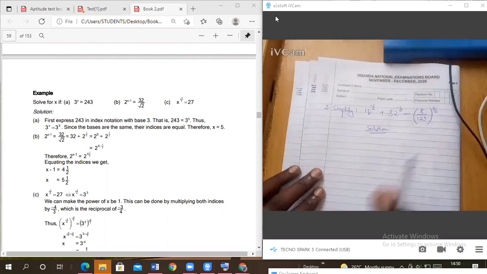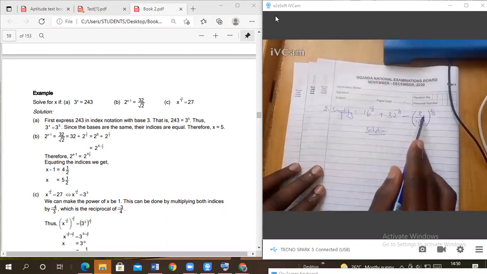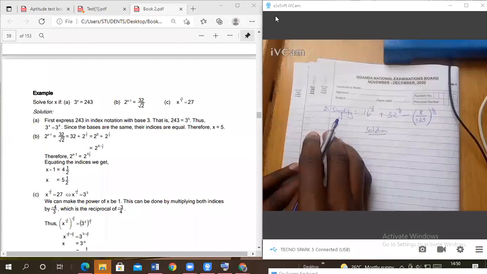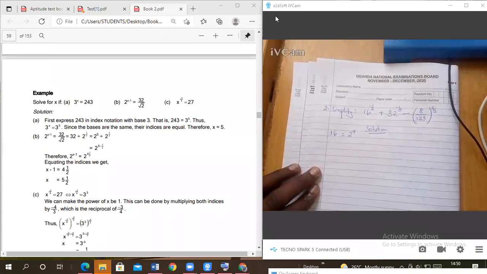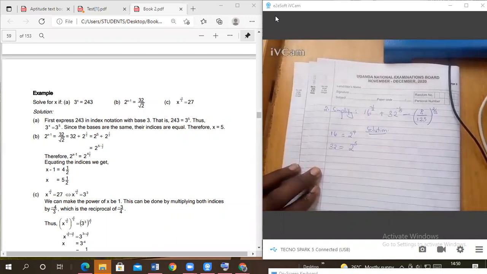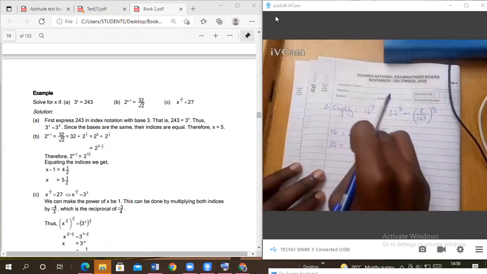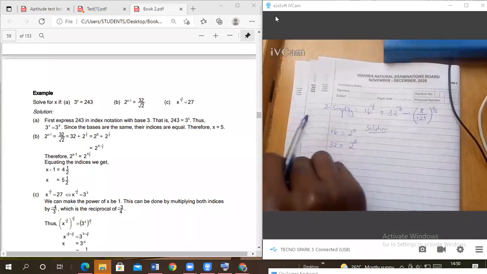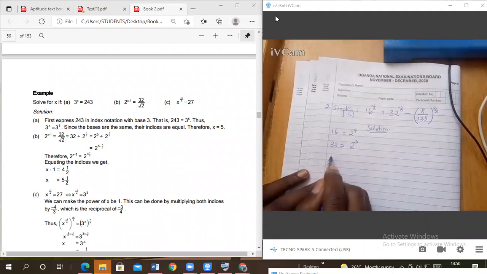All right. So we shall start by breaking them. We have 16, 32, 8, then 125. So you start by saying 16 is equal to 2 to the power 4, 32 is equal to 2 to the power 5.